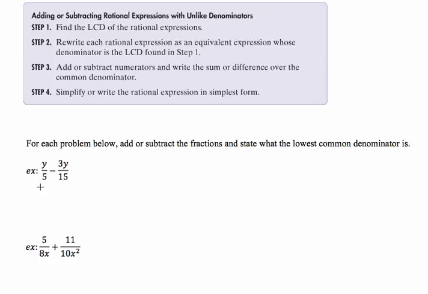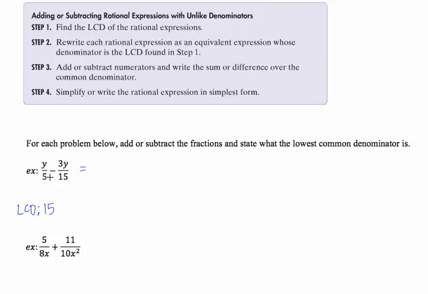Okay, so on this first one, we want to subtract y over 5 and 3y over 15. So we need a common denominator before we can subtract between 5 and 15. Now this one's simple enough, you can really just do it in your head. The lowest common denominator between 5 and 15 is going to have to be 15 because 5 is already a factor of 15.